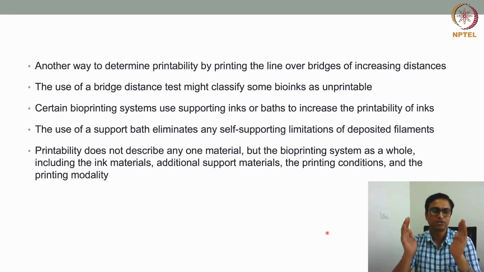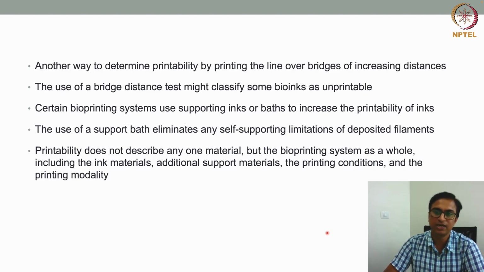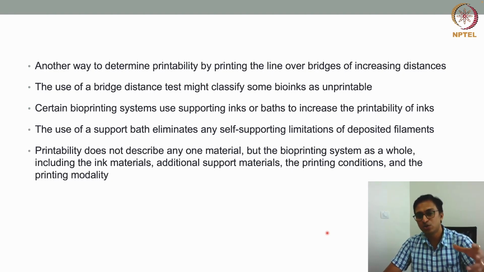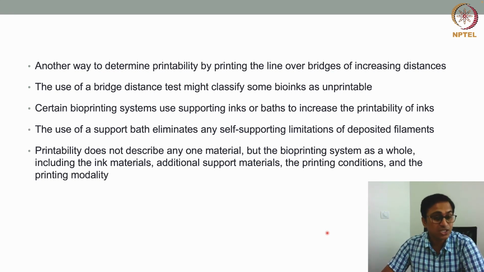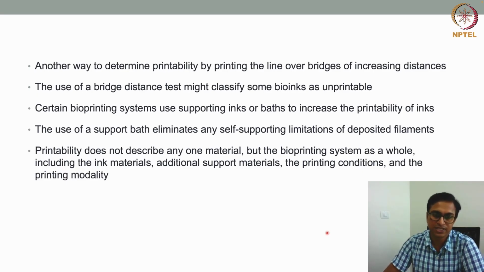Here the support can actually help to classify several bioinks that would be unprintable in other conventional bioprinting, where the bioink needs to hold itself, the shape should be retained, and it should not sag. All these things can be eliminated by the use of support bath material.